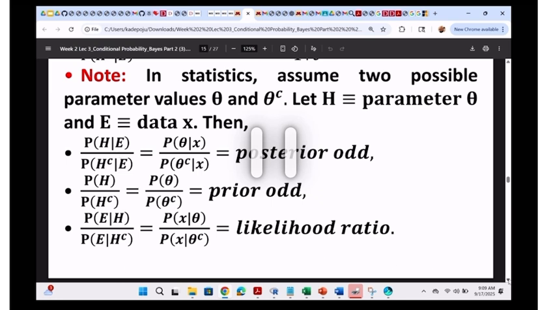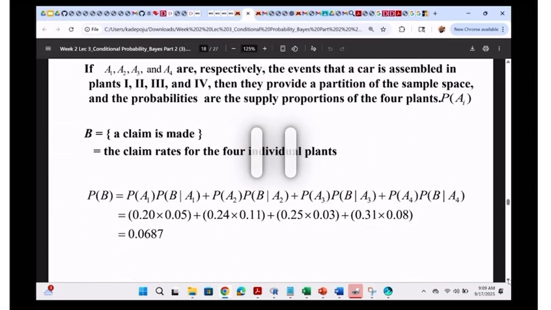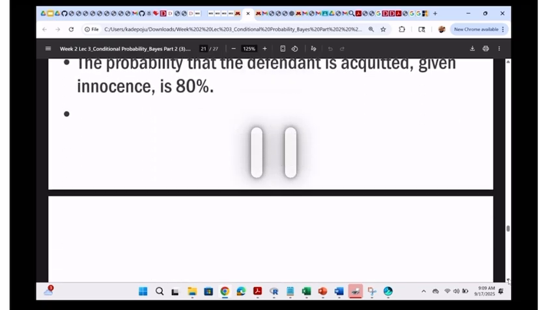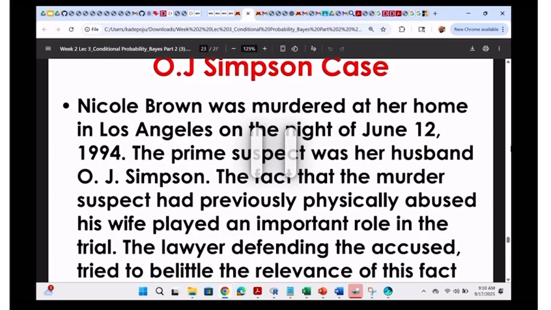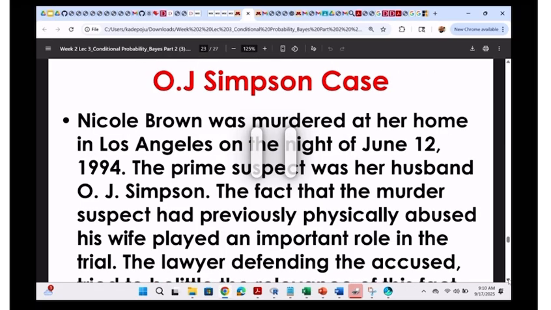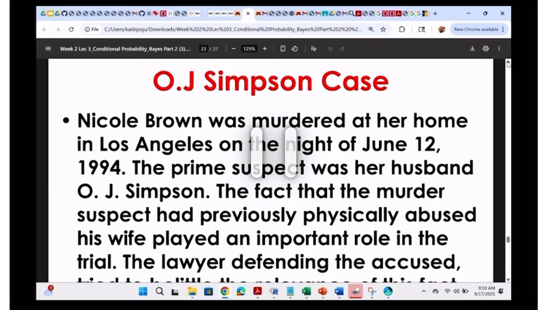O.J. Simpson was a former American footballer. When he retired from football, he worked with NBC Sports. O.J. Simpson had a wife, and the wife was found murdered around June 12, 1994, in their Los Angeles home.